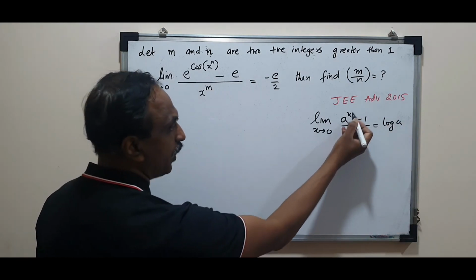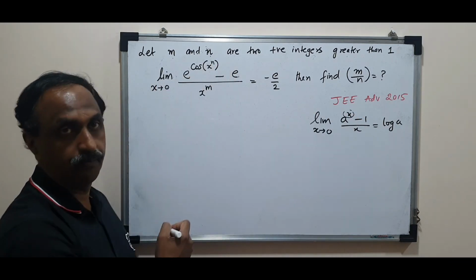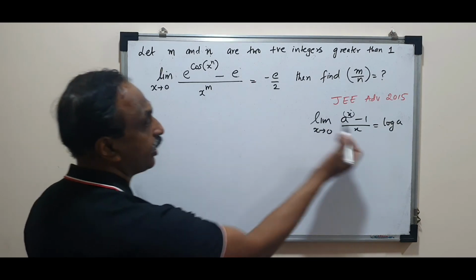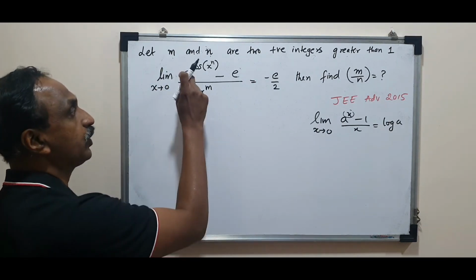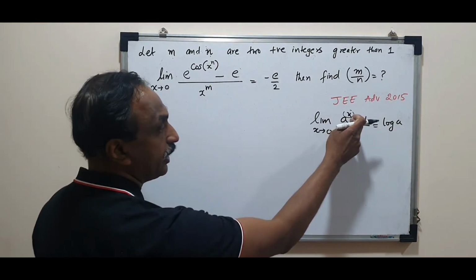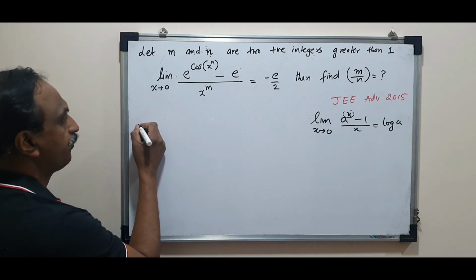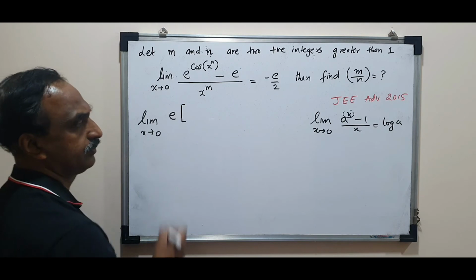If you are applying this formula, the power should tend to 0. But if I put x as 0 here, the power tends to 1. Secondly, in this place, I require 1. And how do I come to know I need to apply this formula? Because the base is a constant and the power is a function of x, which means I need to apply this formula. So first step, what I am going to do is take an e common.